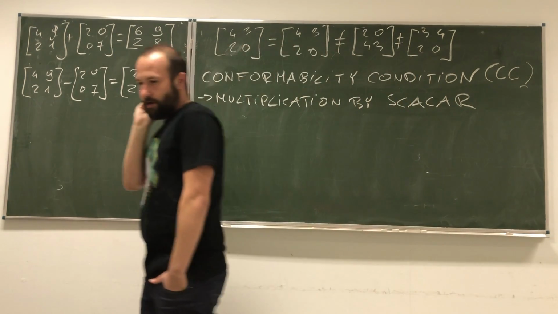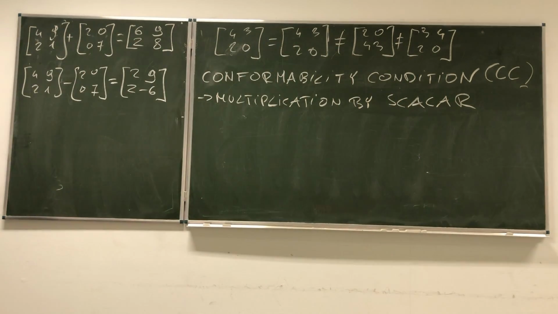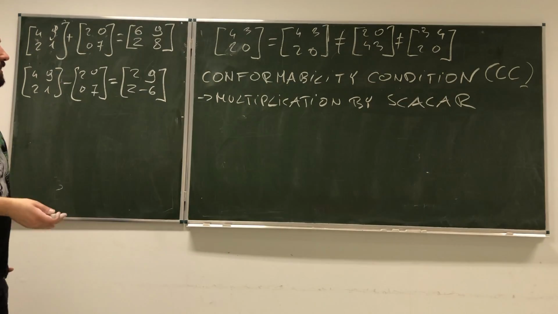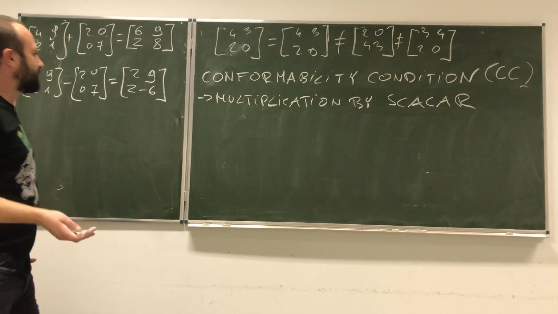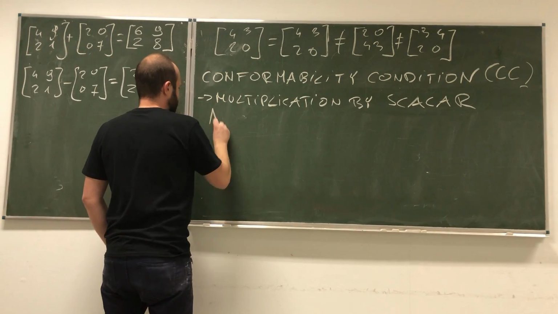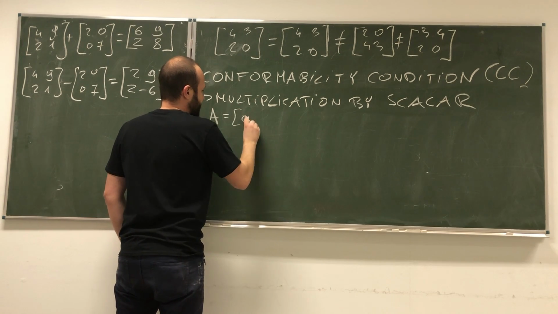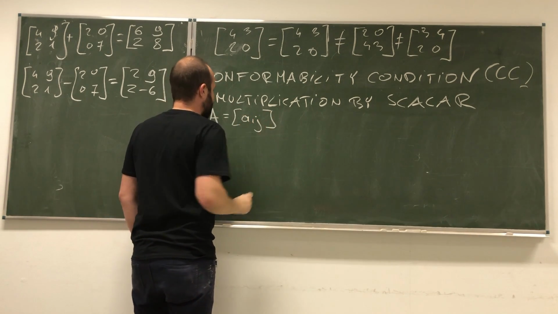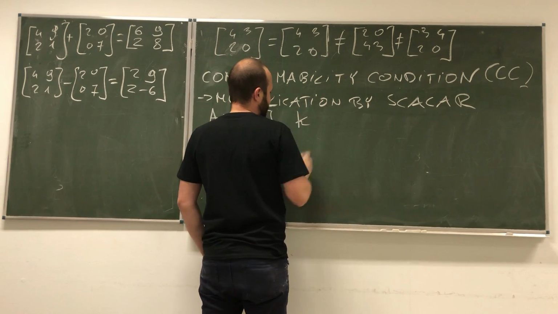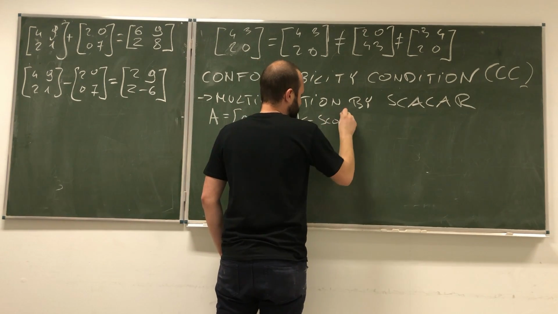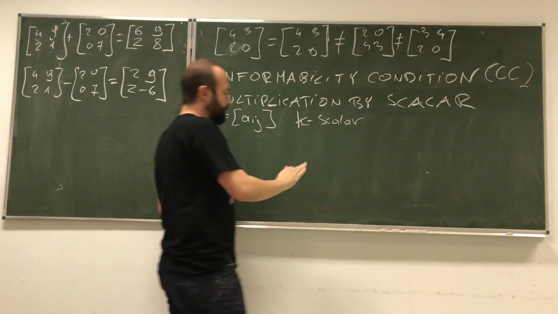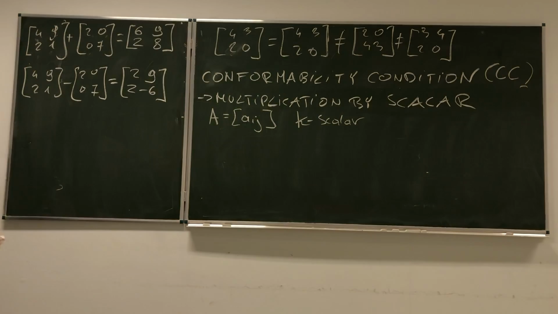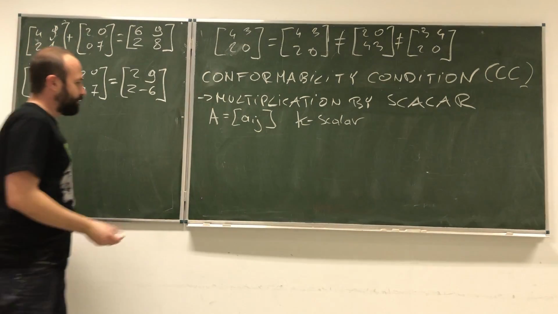So look, now our task is simply to multiply some matrix A with elements a_ij by some scalar k. Remember, scalar is just a number. How do we do it?